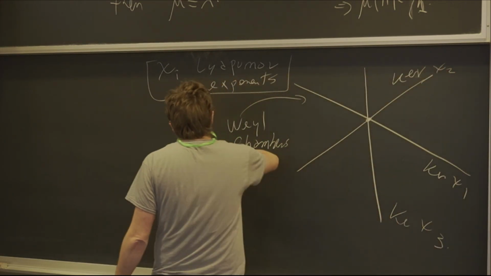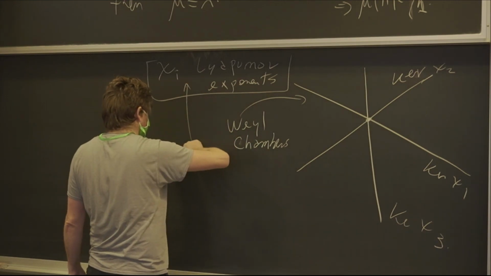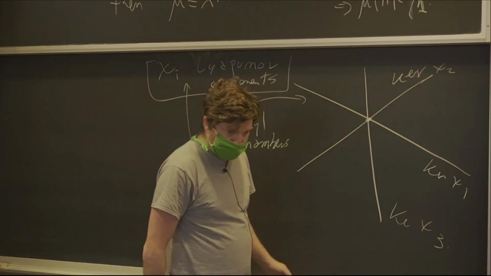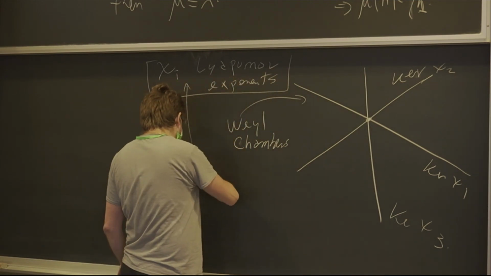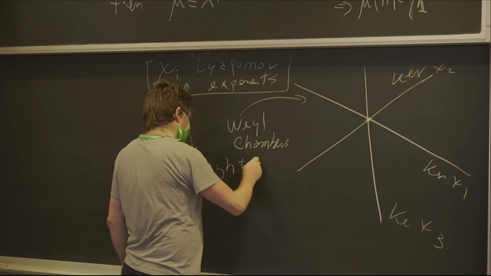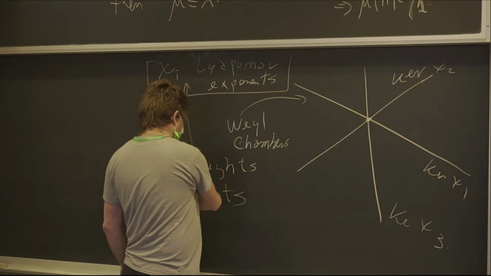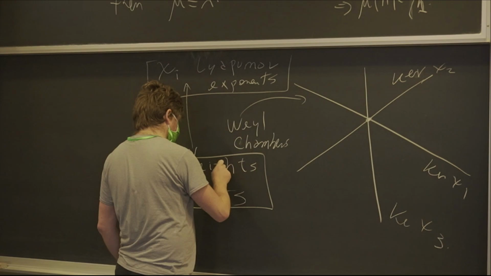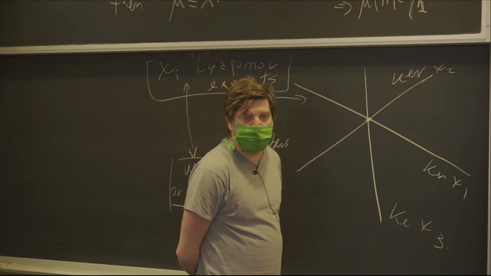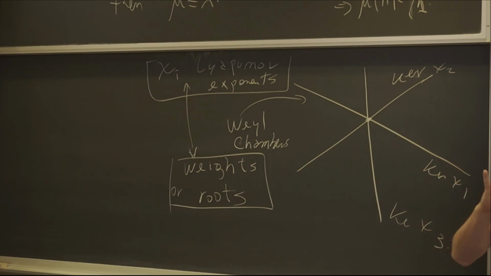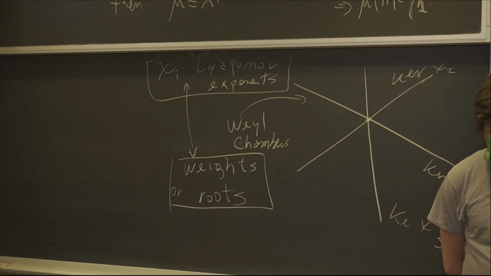Now, for other uses, it's good to think of these as, or put the names as being, weights or roots, depending on the context we are going to play. Weights is a better name for these. Not better than Lyapunov exponents, but better in the Lie algebra situation, in the Lie group situation for Lie group actions.